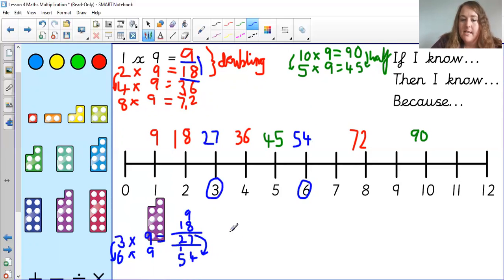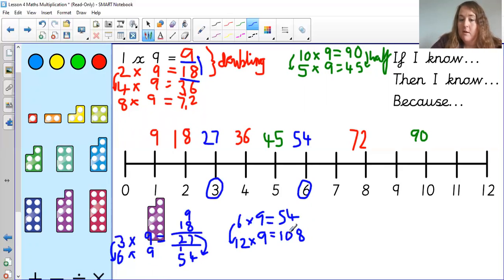Okay, I'm going to have to use this space over here, but there's 1 more I can double. So if I knew that 6 times 9 was 54, then I can do 1 more jump of doubling. I can double 6 to make 12, and I can now double 54. Okay, so double 4 is 8, and double 50 would be 100.